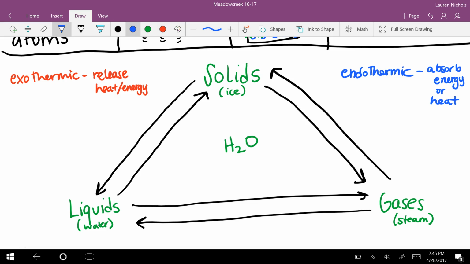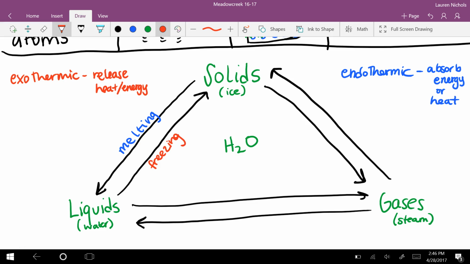As I go from a solid to a liquid, I would melt. So that's melting, right? And it's an endothermic process. I have to put heat into the ice in order to make it melt to become a liquid. Now, the reverse of that would be exothermic, and that would be called freezing.